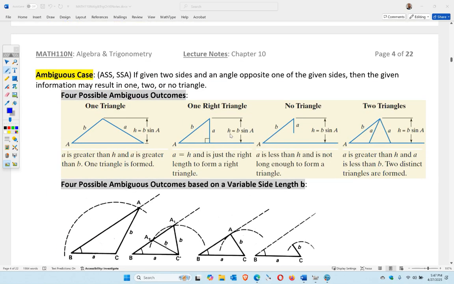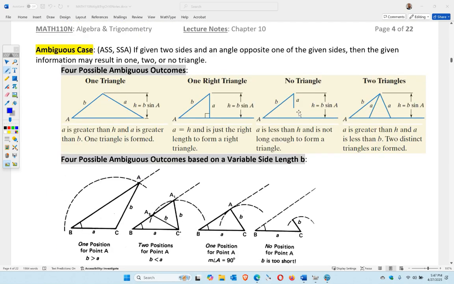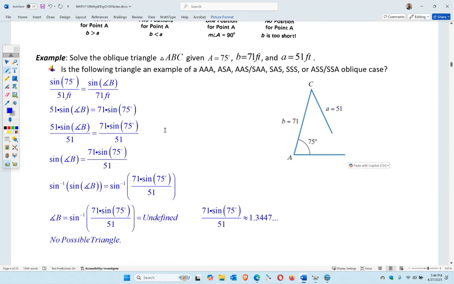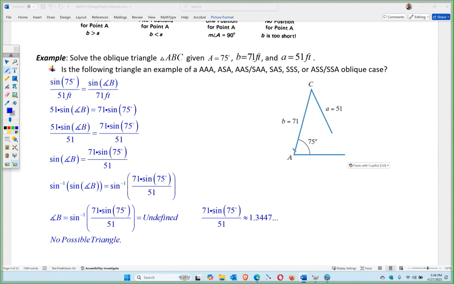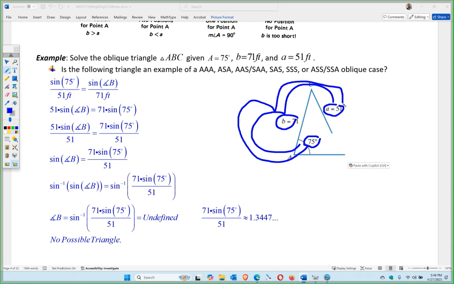Because again, in the ASS case, you're either going to get no triangle, 2 triangles, or 1 possible triangle because you only have 1 angle as a hinge going on, basically, that swings. So this one is, in fact, the ASS case because I have an angle, a side, and a side, right? I can go this way, angle, side, side, essentially.